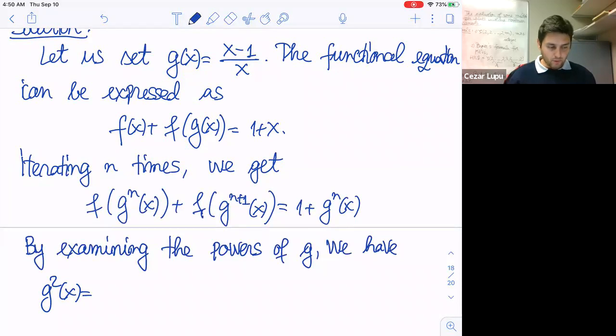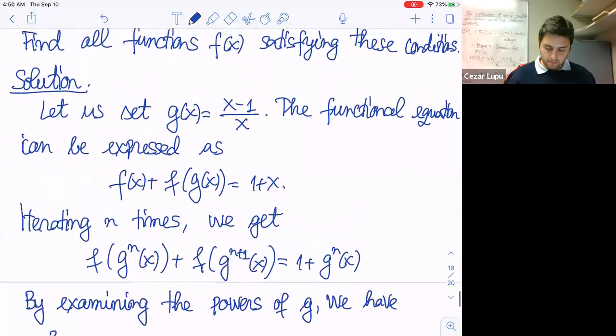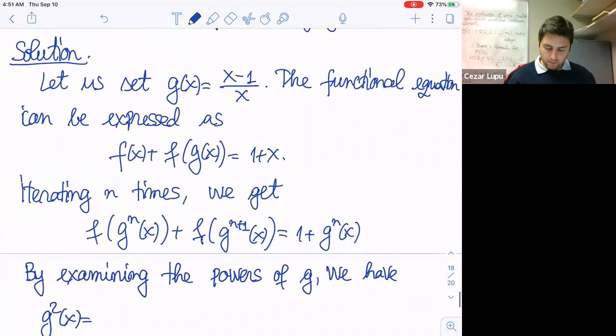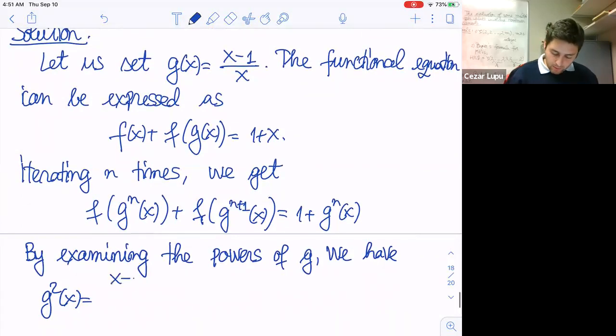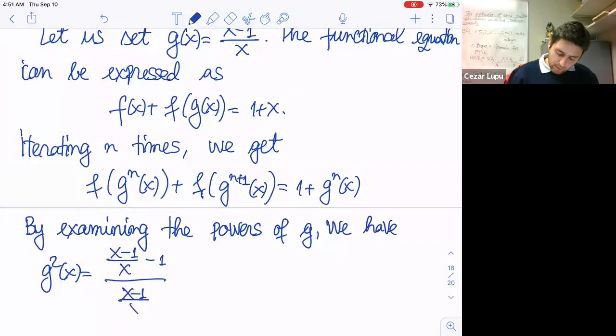So g squared of x will be x minus 1 over x, minus 1, everything over x, and this would give us, oh my god, exactly this one.